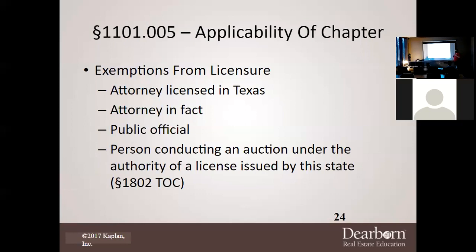So they can't share in the commissions that you and I would get. So if an attorney wants to practice in real estate and actually sell houses, guess what that means? They got to get a real estate license. But in general, if it's on the side, they don't need a license, but they also don't have access to the MLS. Does that make sense? Okay.